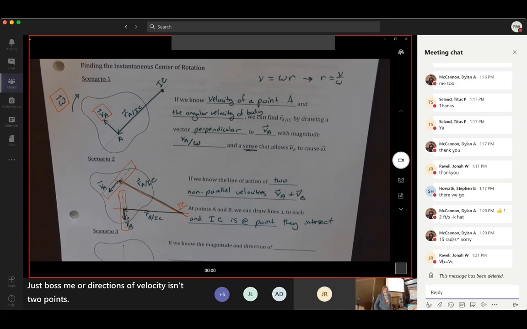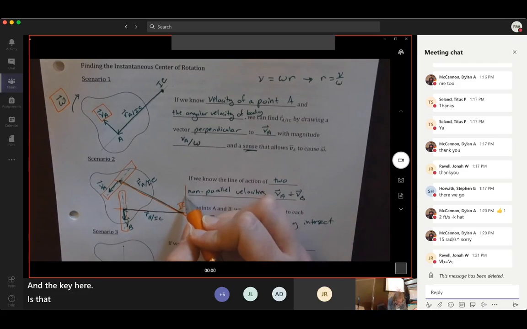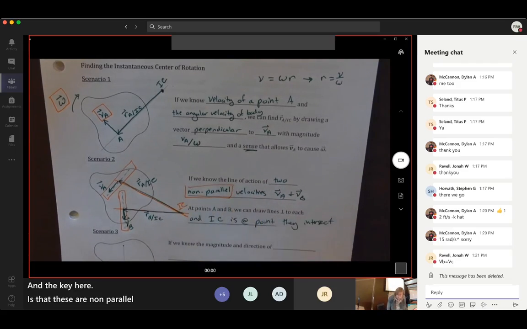Okay. And the key here is that these are non-parallel velocities. Because you might have guessed what our next one is going to be: parallel. We know two parallel velocities.